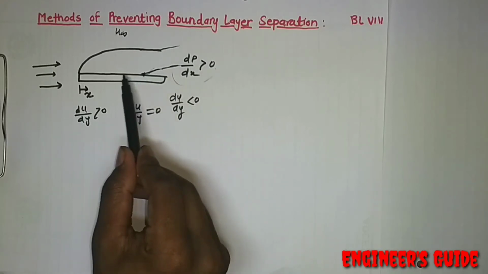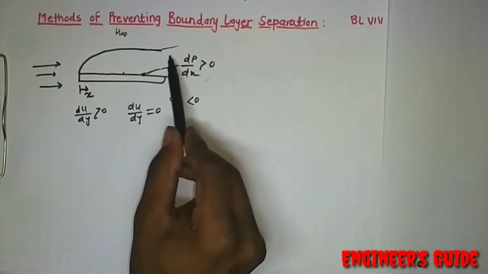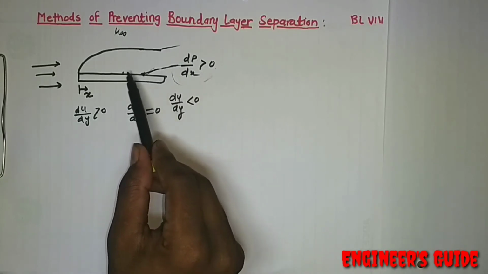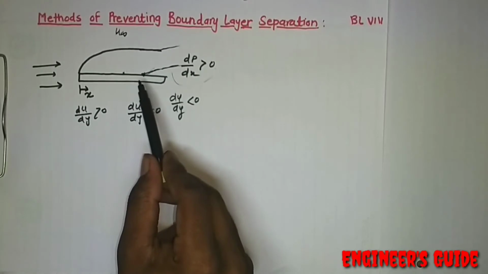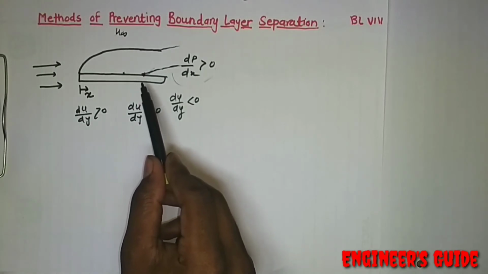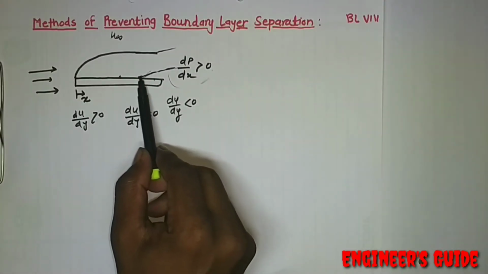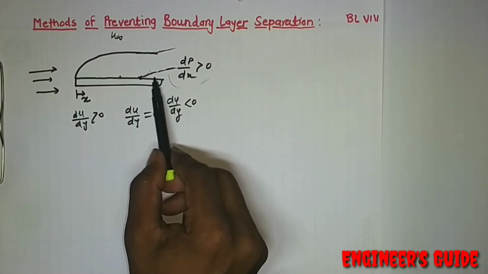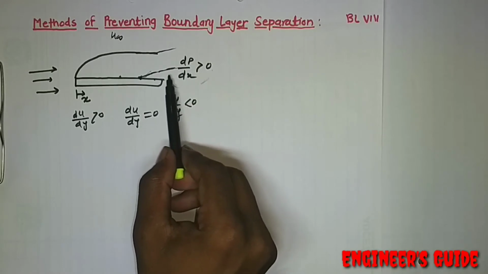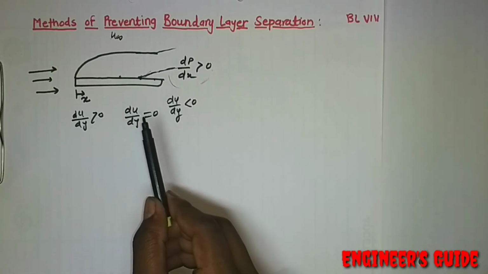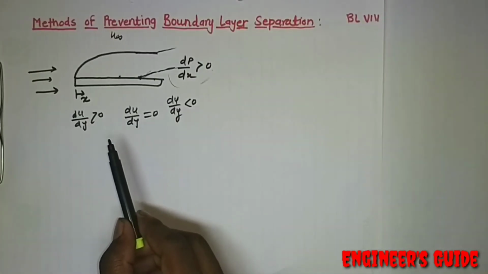If the separation point is here, then this region will be like that, and the drag force is also more for this point. So how can we move this point forward so that the wake region is less and drag is less? We'll see the available options.